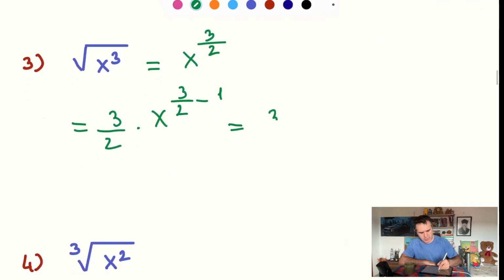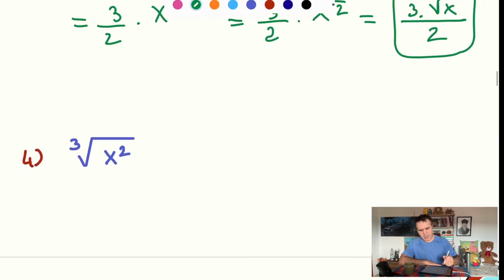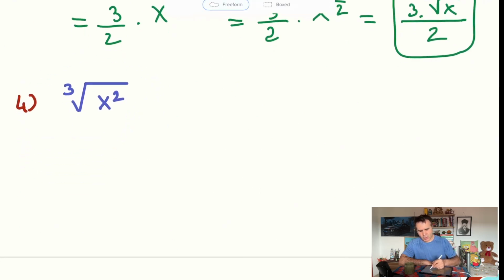Then this will be equal to 3 over 2 times x to the power of 1 over 2, and this is equal to 3 times square root of x over 2. The derivative is this.